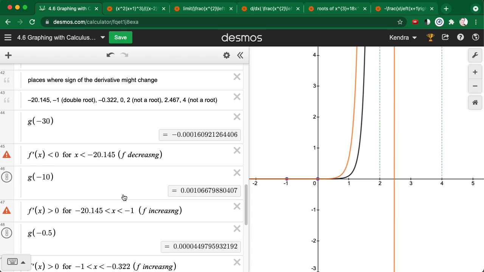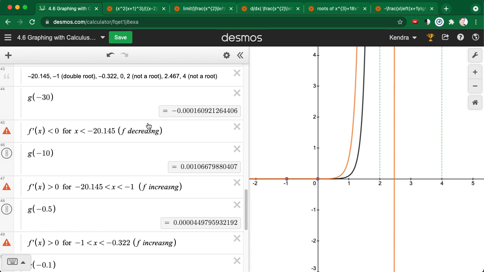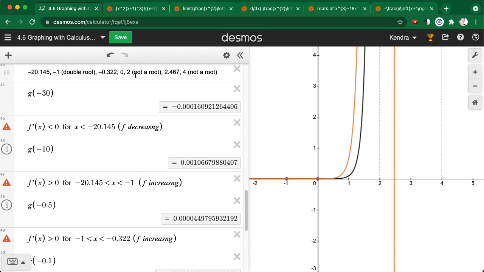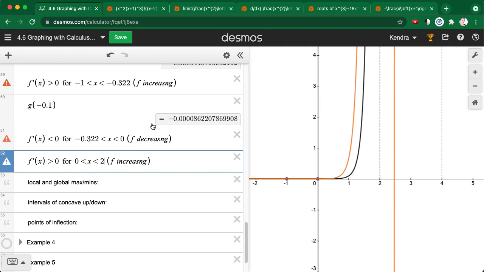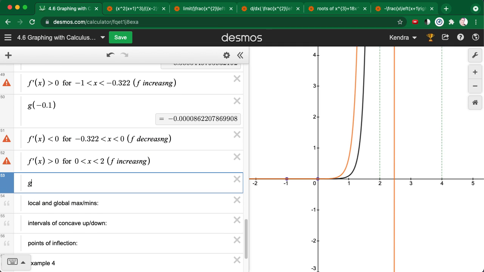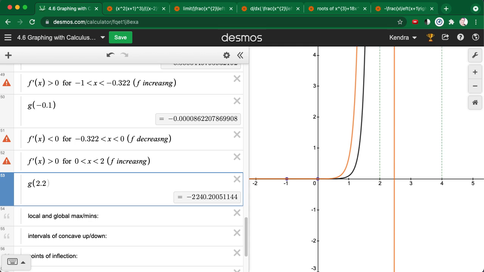What's happening from 2 to 2.4? So let's do g of 2.2. It is a negative number.